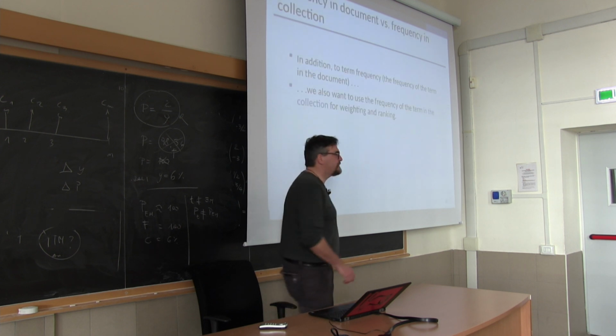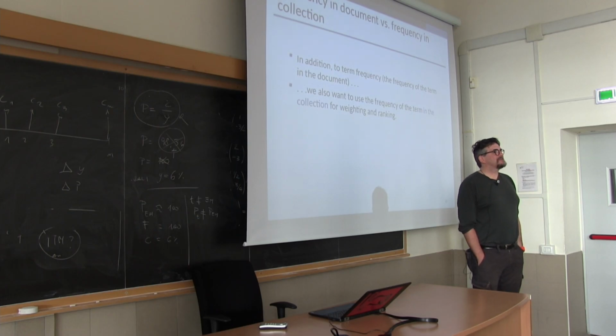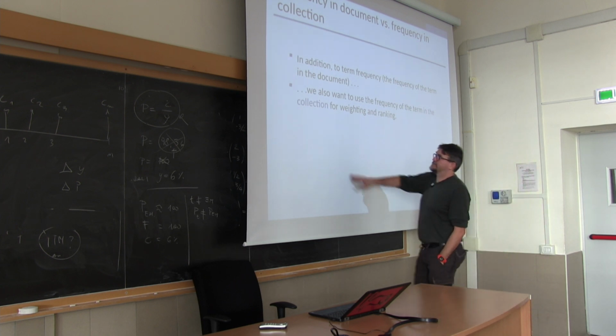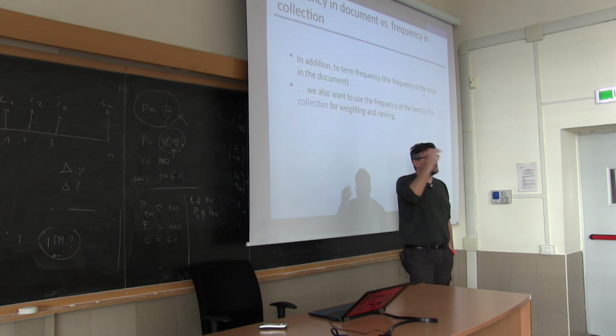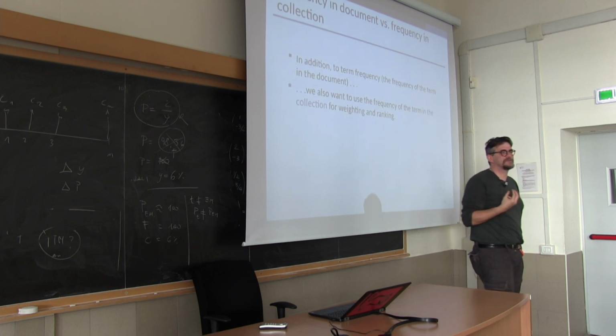Not only do we want to measure the frequency of a term in a document, but we also want a proxy for the rarity of the given term. The rarity is with respect to what? The rarity is with respect to the collection. So the rarity is to what extent a given term is rare in the collection. What is the intuition here?